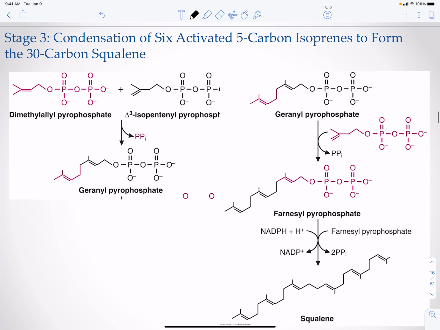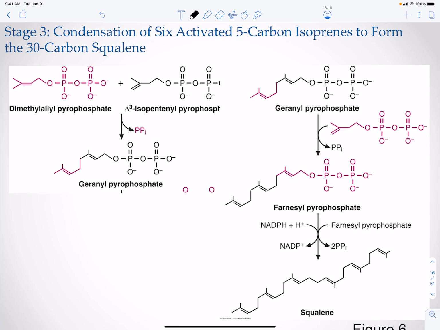So stage 3 is where you're going to condense 6 of these isoprenes and form a 30-carbon squalene.